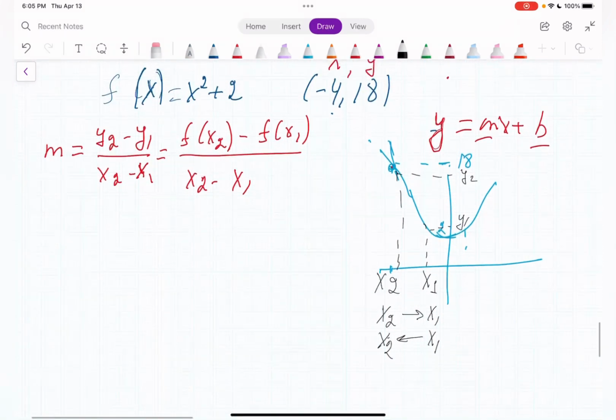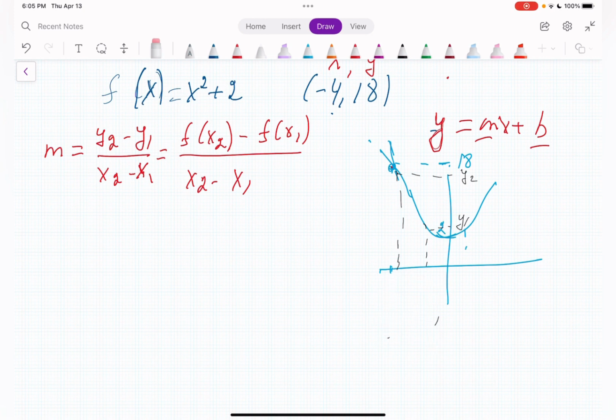Now, since I don't have two x's, I have only one x, this is what I'm going to do. Let's assume this is my x, and I'm moving to this point. I mark down the distance as h, and it's going to be x plus h. This is x, and this point is going to be x plus h, if this is my h.